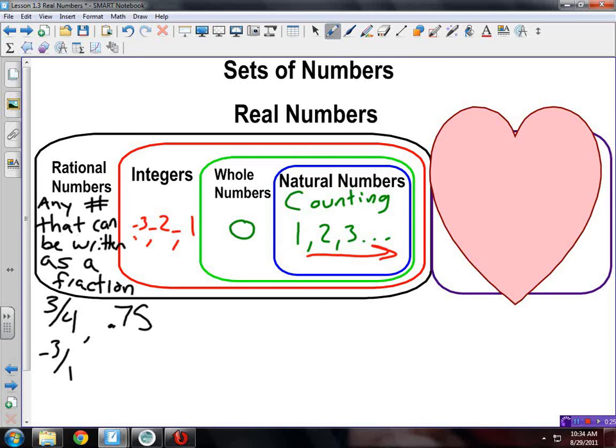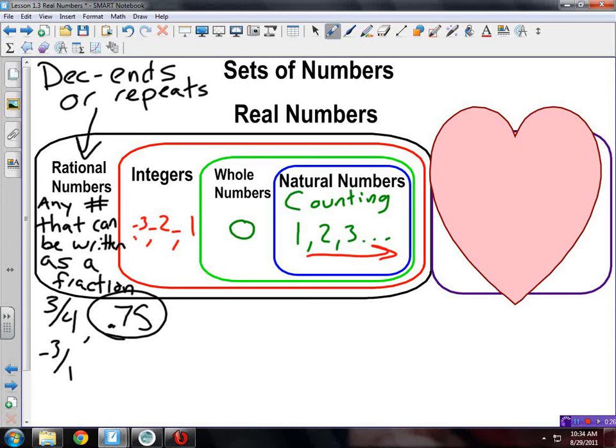Now, a trick to know if a decimal can be written as a fraction or not is if the decimal ends or repeats. If a decimal ends or repeats, it's a rational number. Look at 0.75. Did it end or repeat?